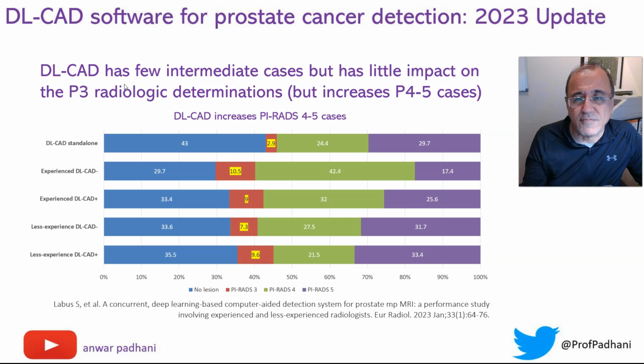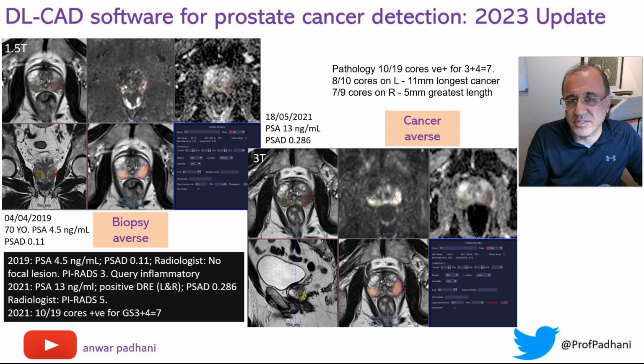But look at what else we can see on this figure. You can see that the total number of PIRADS 4 and 5 lesions called. So you can see this is what I meant by the fact that an AI says, look over here, look over here. So this is the assistive function of the AI. And here is an example.